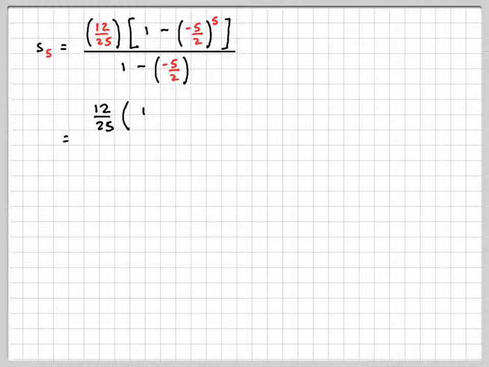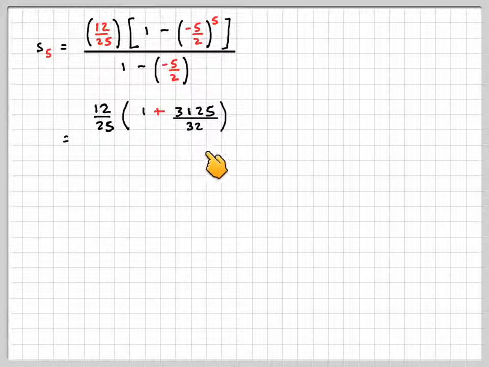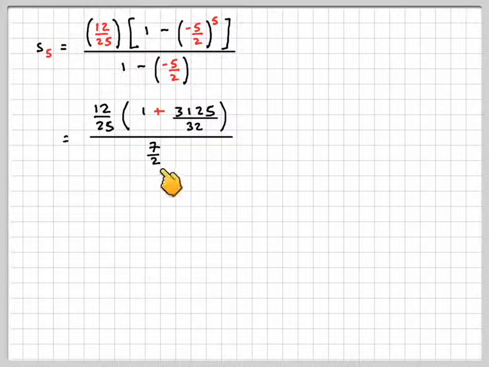Now minus 5 over 2 to the power of 5 is minus 3,125 over 32, and it's plus once subtracted because when you raise this to the power of 5 it will be negative, and a negative and a negative will make it plus. And then on the bottom, we're going to get 1 plus 5 over 2, which is 7 over 2.